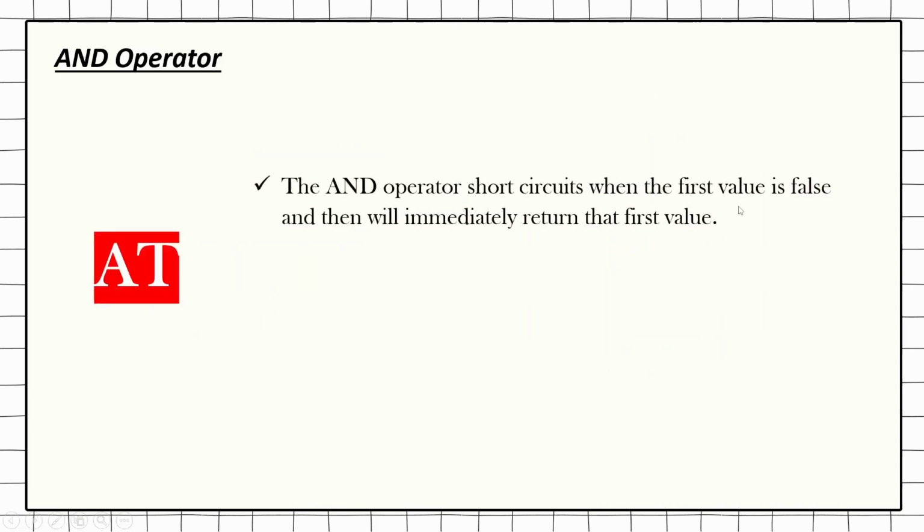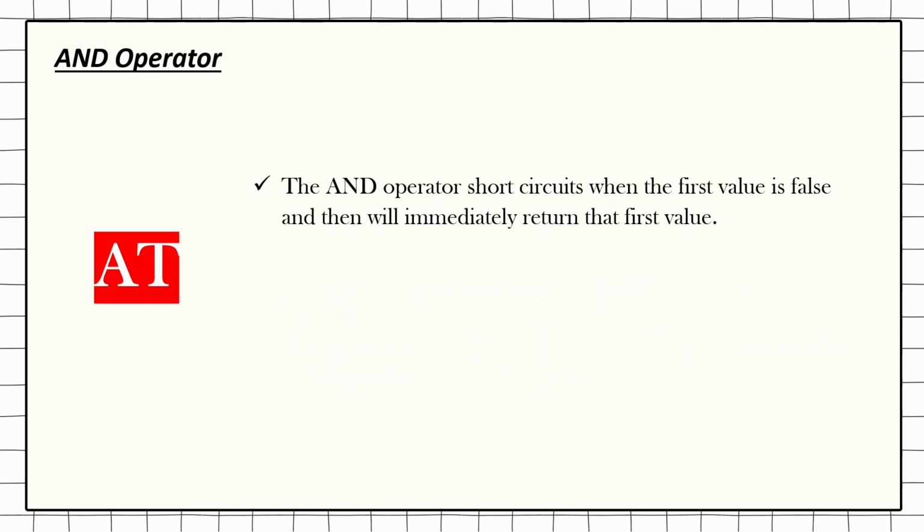So if the first value is false, then it is going to return that value itself. It is not going to evaluate the second value, because using the AND operator, it will understand the entire result will be false. So it will not evaluate the second part. Directly, it will return the first part as its result. Practically, we will understand.